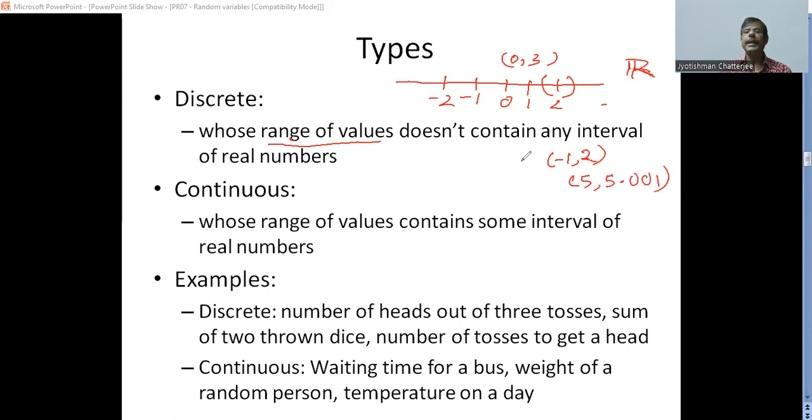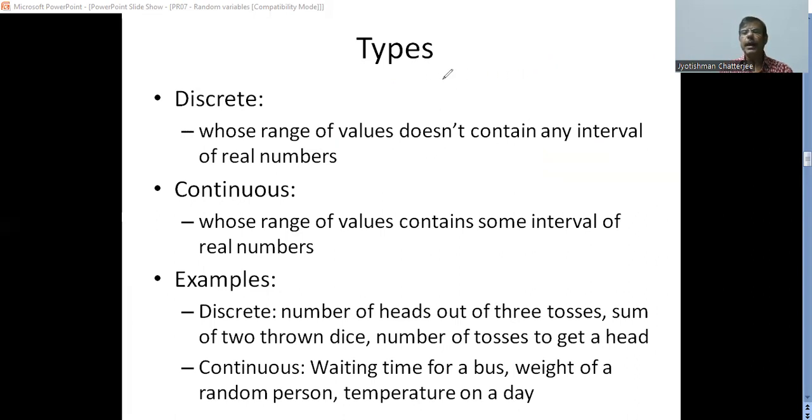It must not contain any interval. Then it will be called a discrete random variable. In other words, the values are discrete points on the real number line. The possible values of the random variable are like discrete numbers. It is not a whole continuous interval. That's why the term discrete.